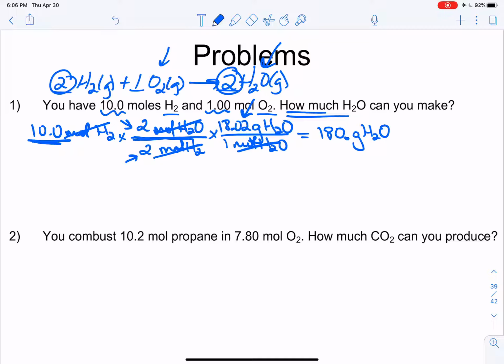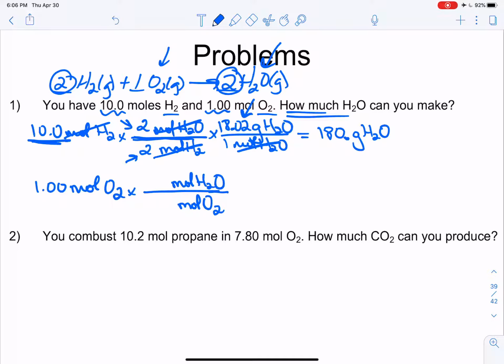Now, let's see how much water we can make with our 1 mole of oxygen. So we have 1 mole of O2, and we're going to go through the same process. We're already in moles, so we don't need the molar mass. What we need is the mole to mole ratio, because we're going from one substance to another substance.